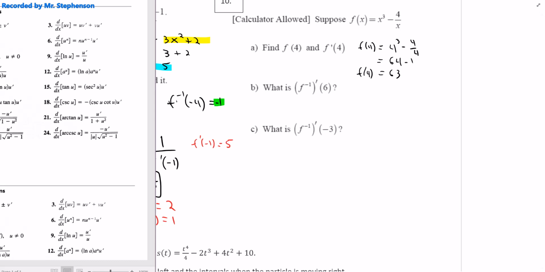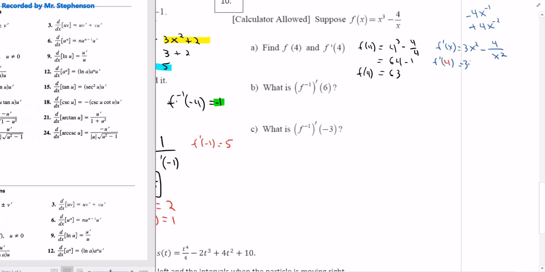The next piece is f prime of 4. Let's start with f prime. F prime of x equals 3x squared minus the derivative of 4 over x, which is the same as 4x to the -1. Bring in a -1, it was -4, now it's going to be positive 4x to the -2, which is 4 over x squared. Right? So that's the derivative. We want the derivative evaluated at 4, which means we're going to plug in 4.